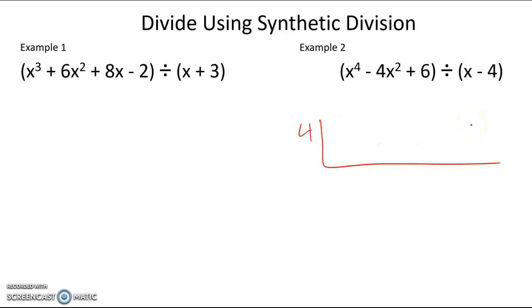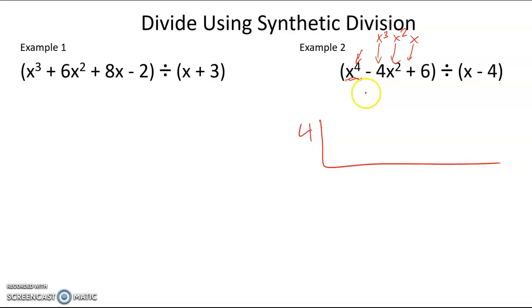And now we put our coefficients in here. If we're starting off with an x to the 4th or whatever degree that we're starting off with, when we synthetically divide, every single x has to be accounted for. So when I plug it in here, I have to have the coefficient for x to the 4th, for x cubed, for x squared, and for x. But if I'm looking here, I don't have an x cubed or an x value.